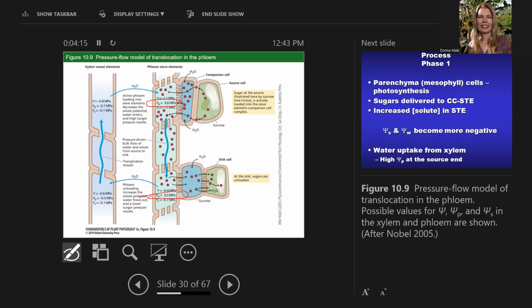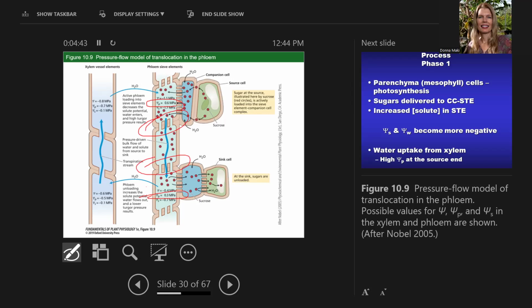Higher pressure in the source, typically the leaves, lower pressure in the sink, in this case in the root area where the tuber is developing. So now you've completed the story. Now you have a pressure gradient and the sugar solution can move from source to sink. And remember, it's all open here. All these sieve plate areas, there's no membranes there. So it's just flowing free from source to sink.